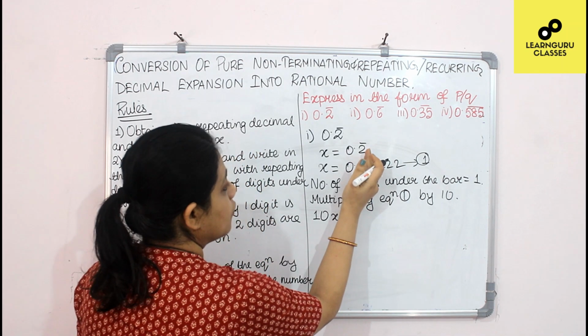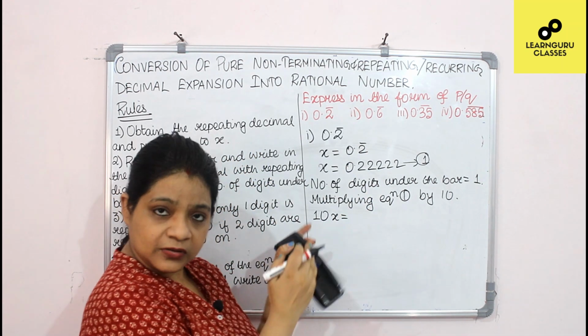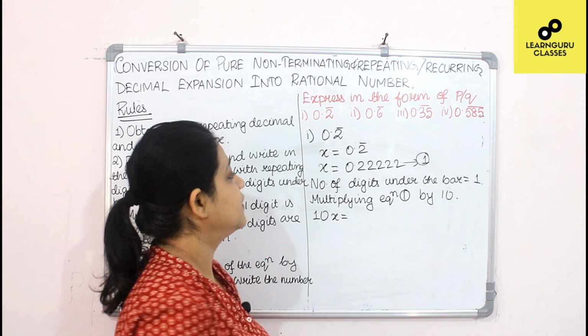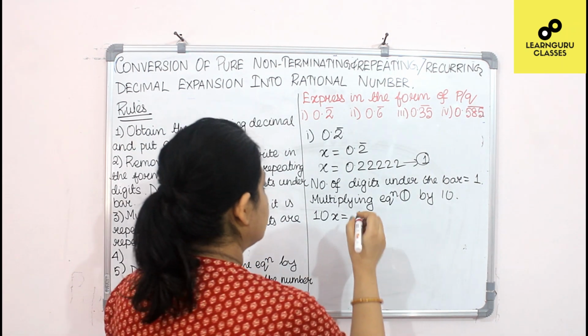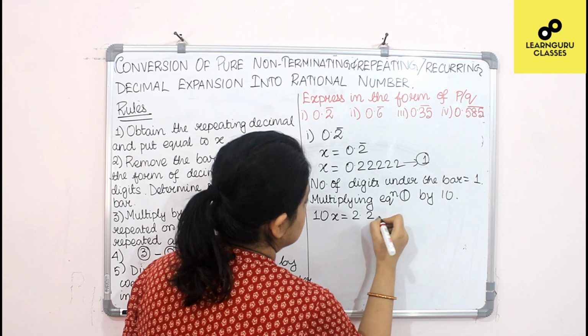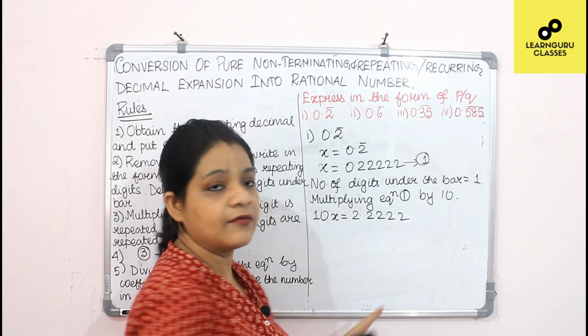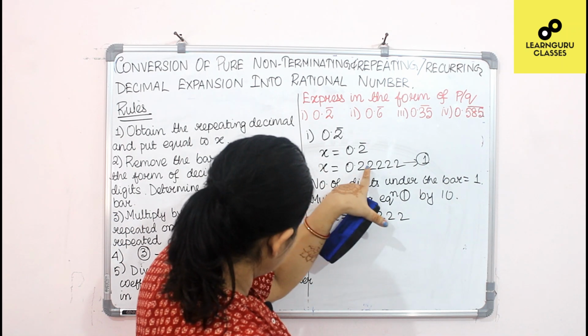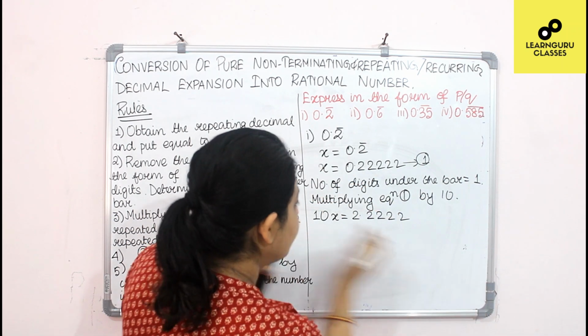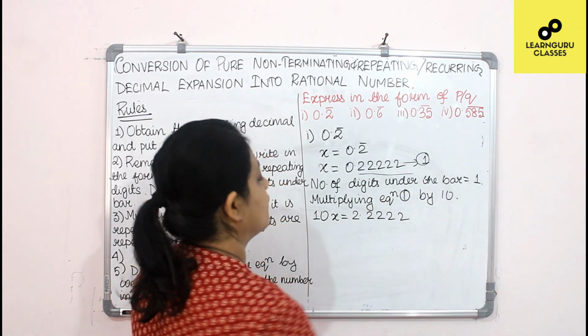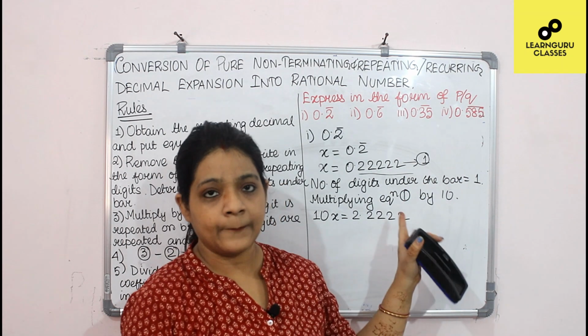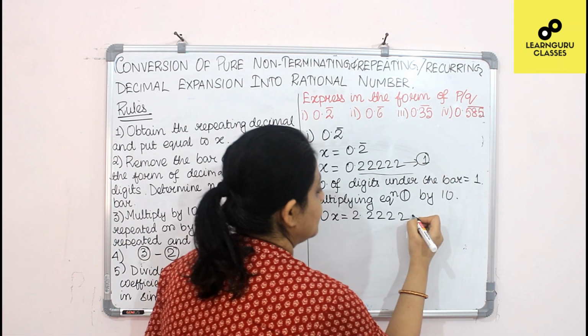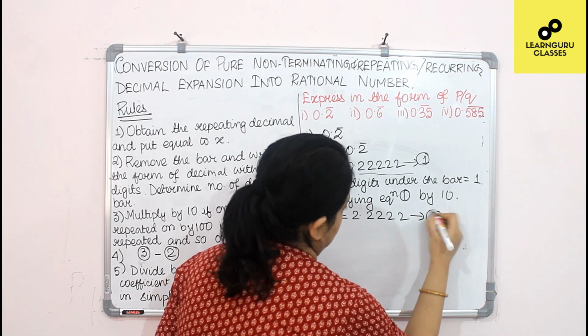One digit will come before the decimal and the rest of the digits will follow. So can I write 2.2222? One digit 2 is shifted before the decimal and the rest of the digits follow. Up to this, is it clear? So let me take it as equation 2.